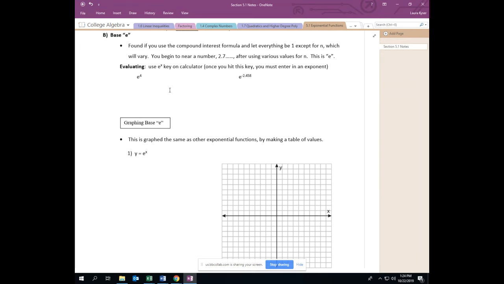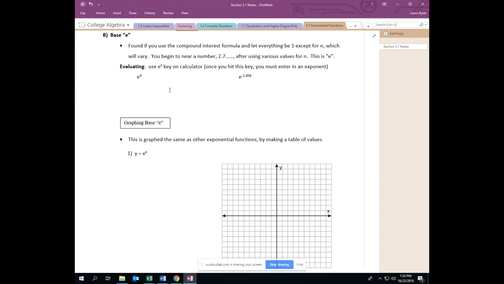E is also an irrational number that goes forever, and it's like 2.7182, and it keeps going. And this number is typically used in continuously compounding interest. It's used in some growth and decay formulas. So it's kind of like a constant number in these different formulas, and it's represented by the letter E.